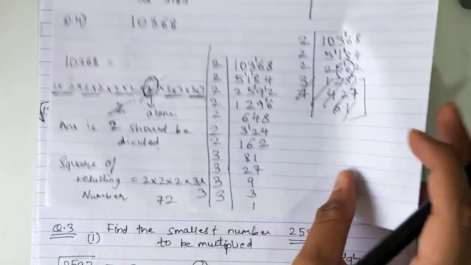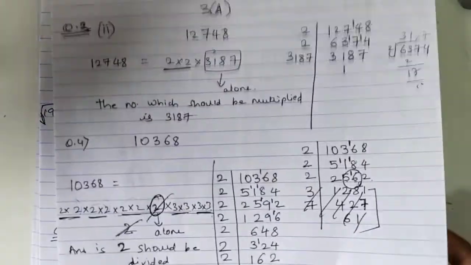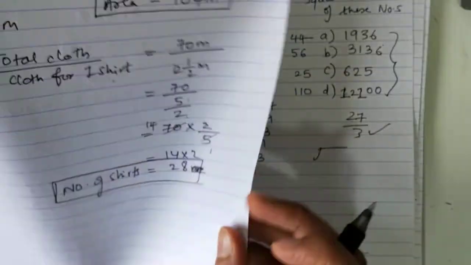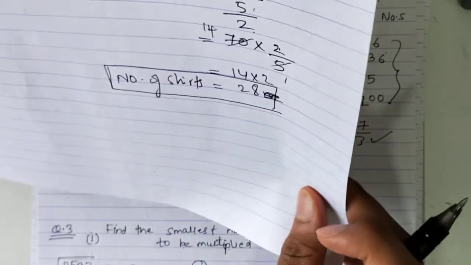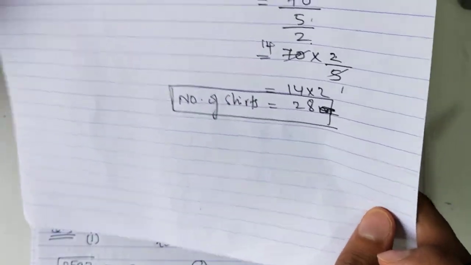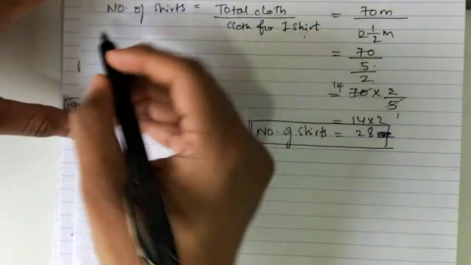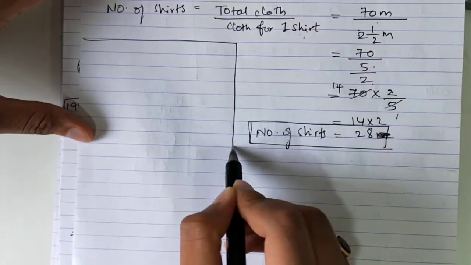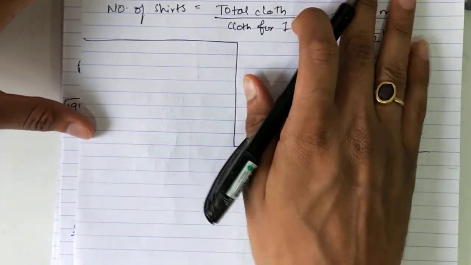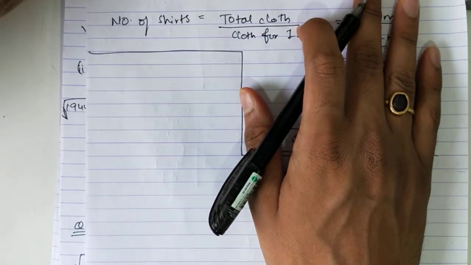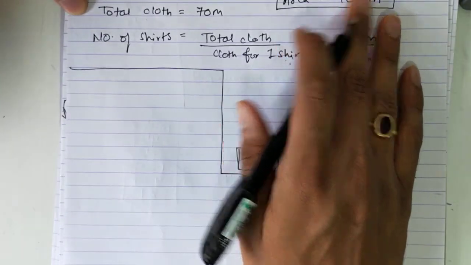Next, I'll do one sum here. Ignore this part. See, in this sum, question number 5.